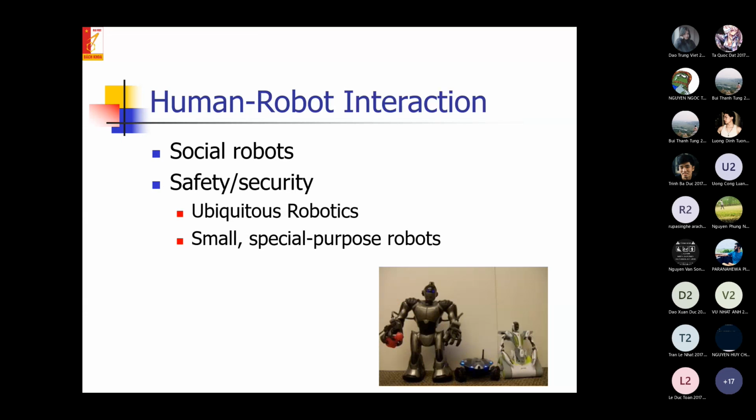And another task that we also need the robots to help us with is related to safety or security. For this kind of field, maybe some kind of ubiquitous robotics or smaller, special-purpose robots, or what we call spies.